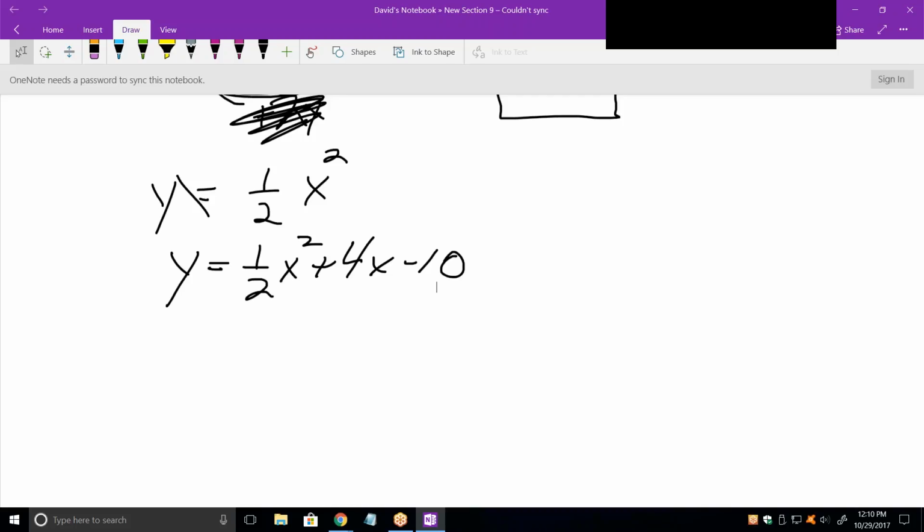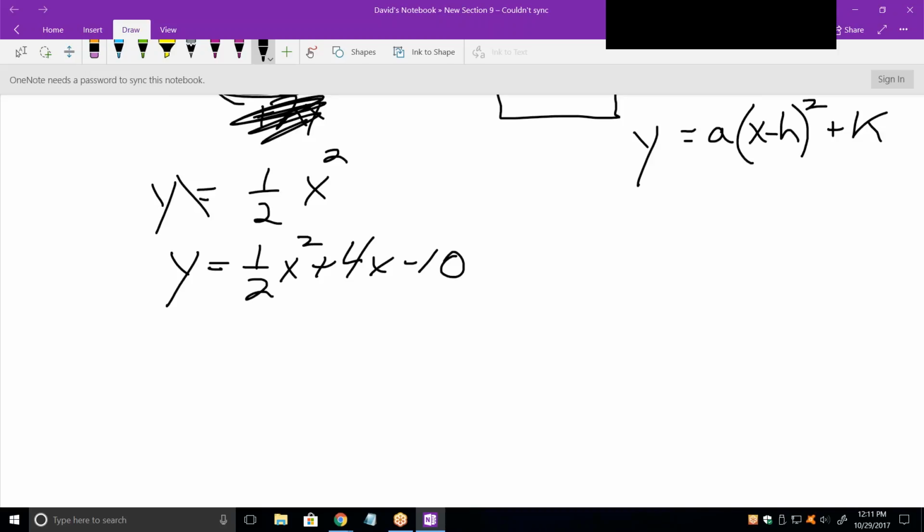Let's work with this format for starters. In other words, if we can put it in vertex format, then we'll be able to complete the square easy enough, and figure out the focus and the directrix. So let's try to get it into this format.